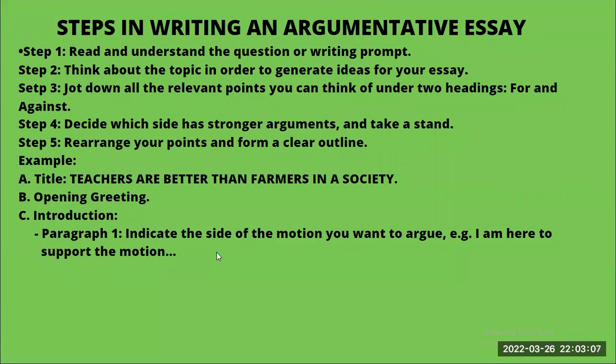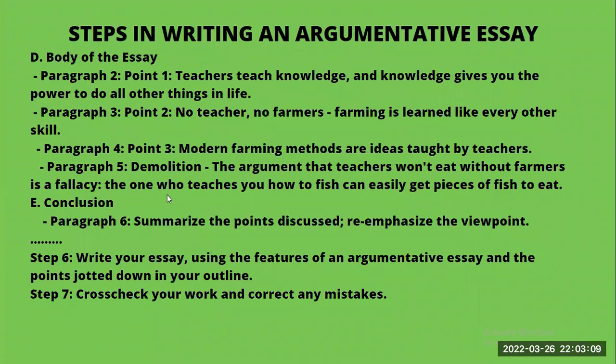Now, having said that, let's now go to the next step, and that is the next thing in your outline will be the body of the essay, where you have the key points you are going to discuss. In paragraph 2, you present point 1. Here you may say that teachers teach knowledge, and knowledge gives you the power to do all other things in life.